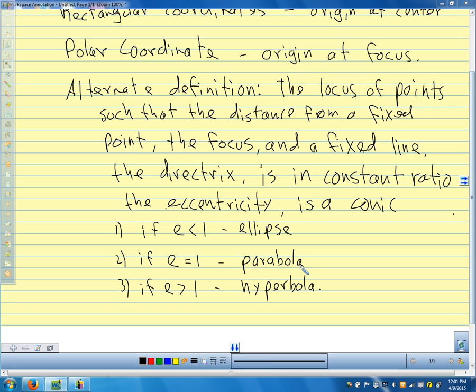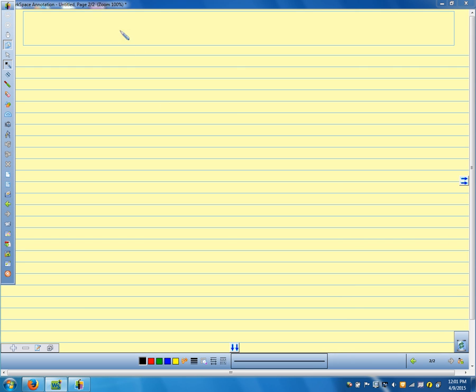The really nice thing about polar form of conics is that there are really only two equations, and they're really kind of almost the same. So our equations, we really only have two, and they're really kind of one.